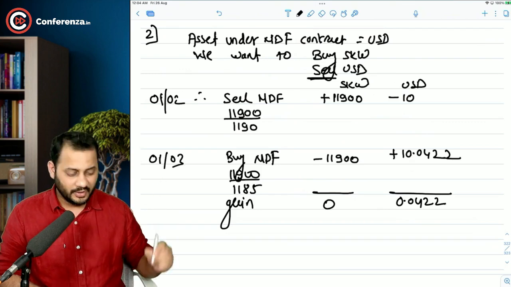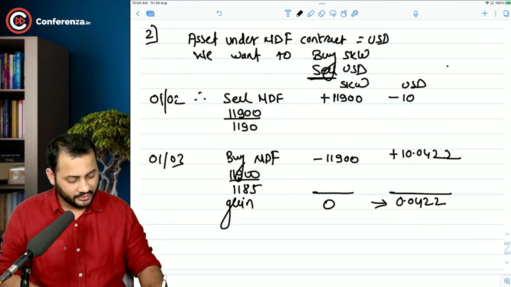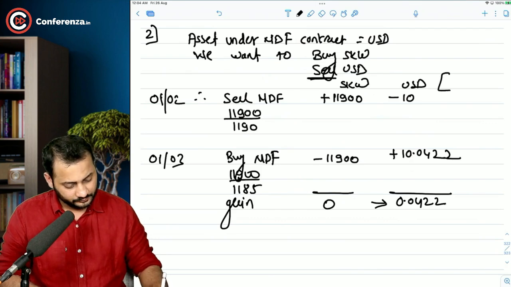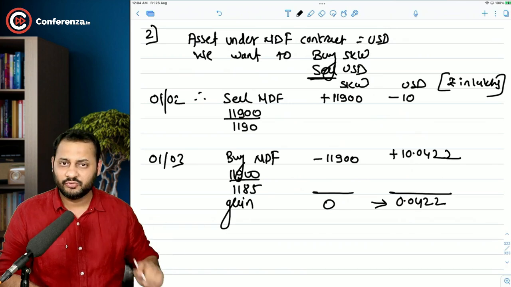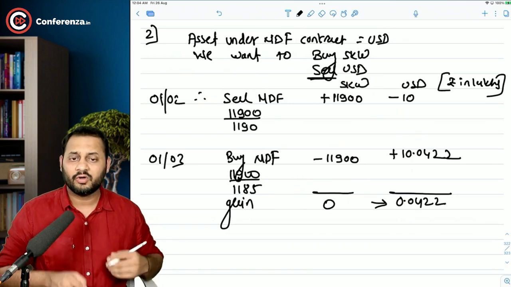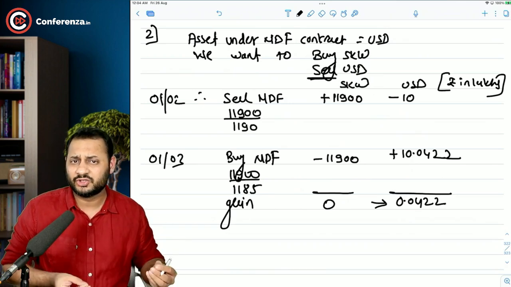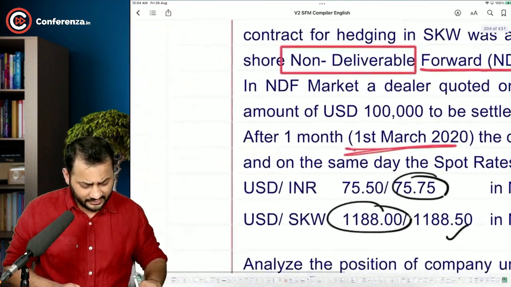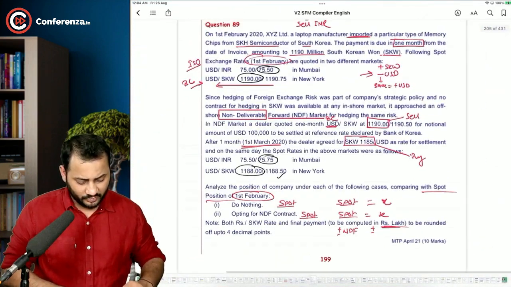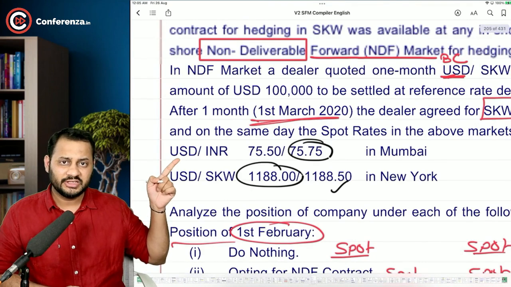So on 1st of March we have a gain in US dollar, 0.0422 lakhs. What are we going to do with this US dollar gain? Sir, simply sell it in the market. These are the USD INR spot rates.